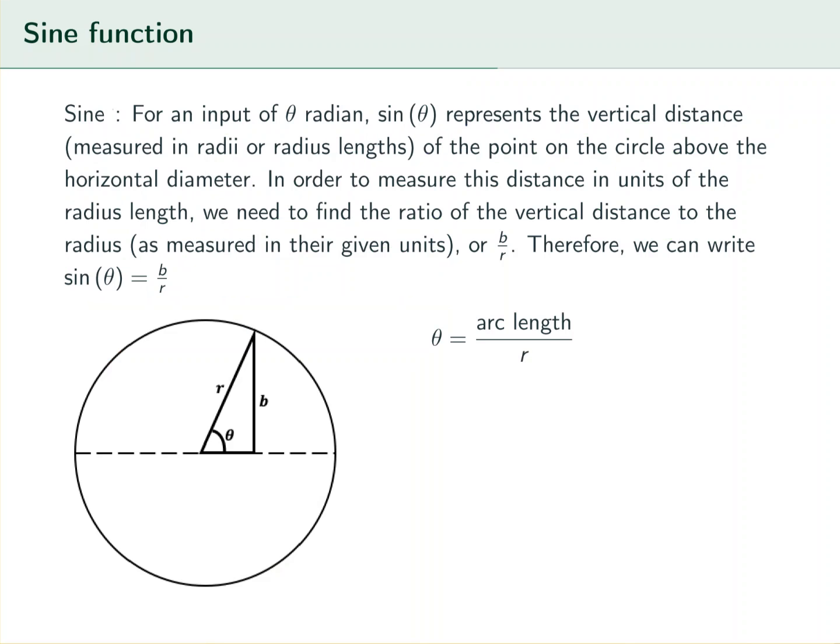The sine function for input theta in radians, sine theta, represents the vertical distance measured in radii, or radius lengths. That just means, again, divide by the radius, of the point on the circle above the horizontal diameter. In order to measure this distance in units of the radius length, we need to find the ratio of the vertical distance to the radius.